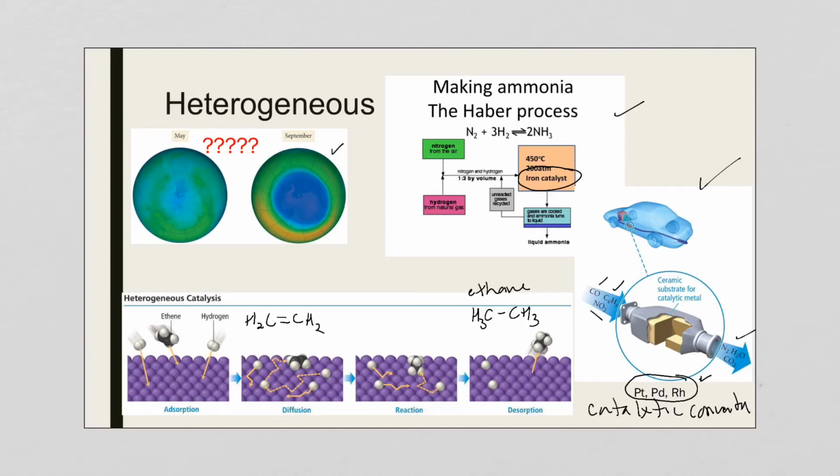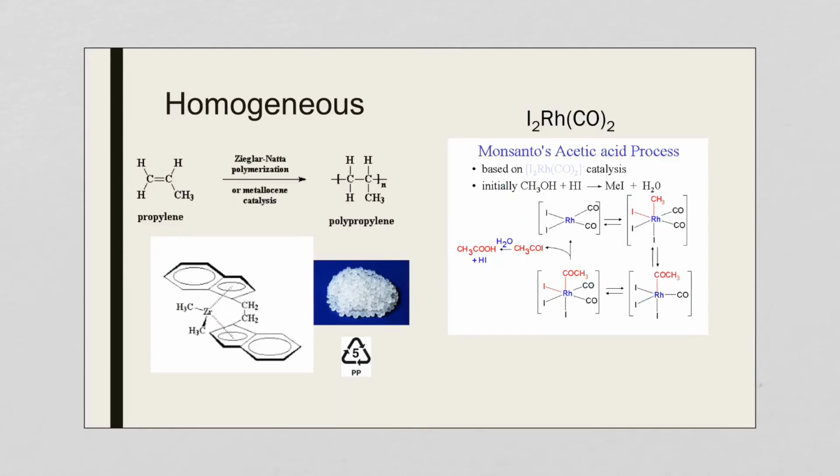Let's look at homogeneous. So homogeneous, again, is really important in industrial processes. Just to name a couple, we have polymerization, production of widely used polymers, or you might refer to them as plastics, like polypropylene or polyethylene, PP or PE, and I'm sure you've seen the symbols PP or PE on plastics.